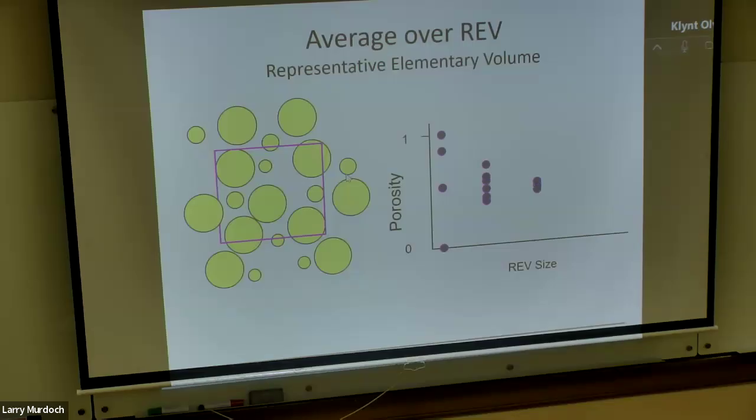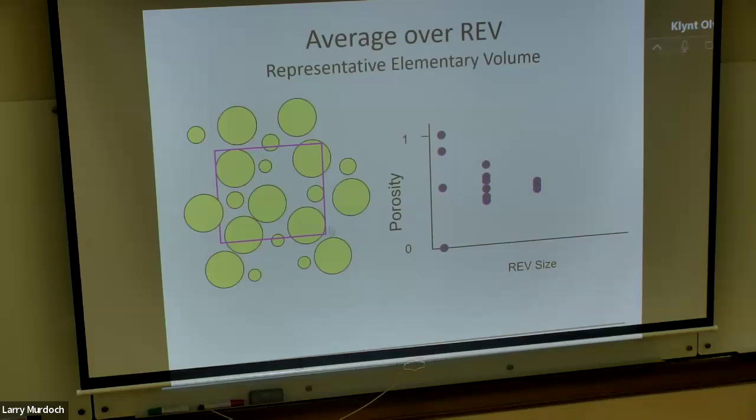and less variability. So we're starting to get to a size here where averaging the volume of the voids over the total volume is starting to give us a meaningful value. It's kind of stabilizing at a meaningful value as we move this thing around.